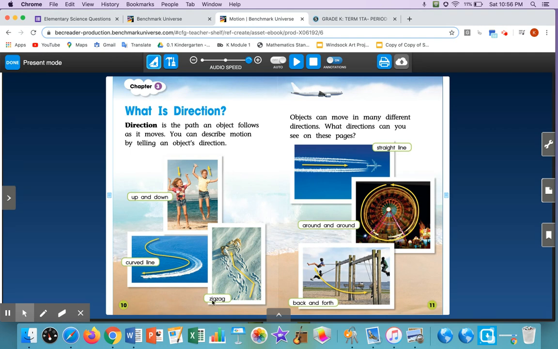Do you see them? Zigzag. This plane makes a straight line. Do you see it? And this Ferris wheel, it goes around and around, and it makes round movements. And these boys on these swings, they go back and forth, back and forth. So these are all kinds of directions that objects can move to.